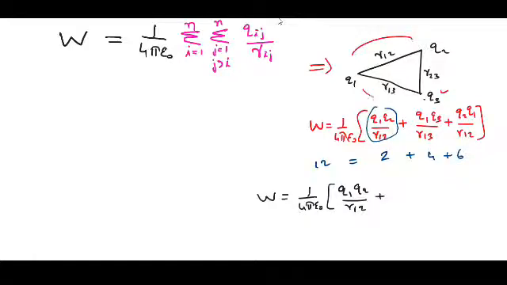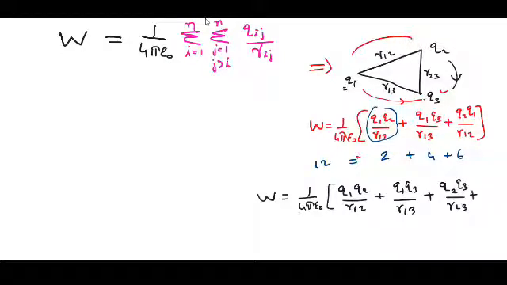Next Q1 and Q3, Q1 Q3 divided by R13. Then next Q2 and Q3, the term starting from the charge 2, because term starting from Q1 is already completed. Q2 Q3 divided by R23.